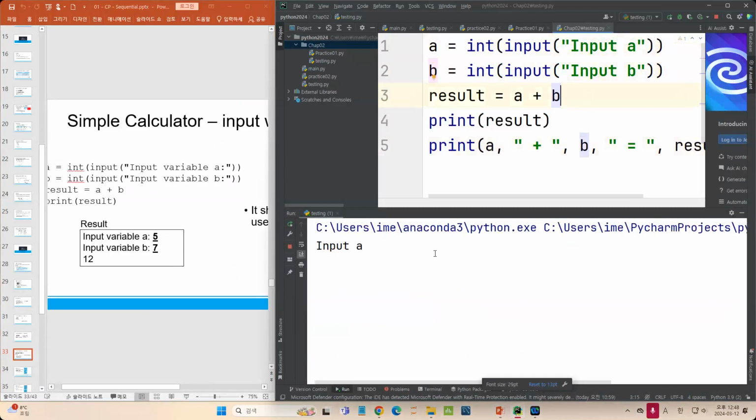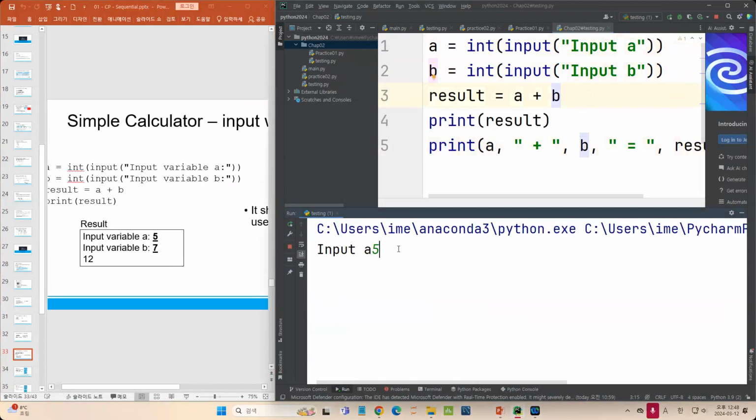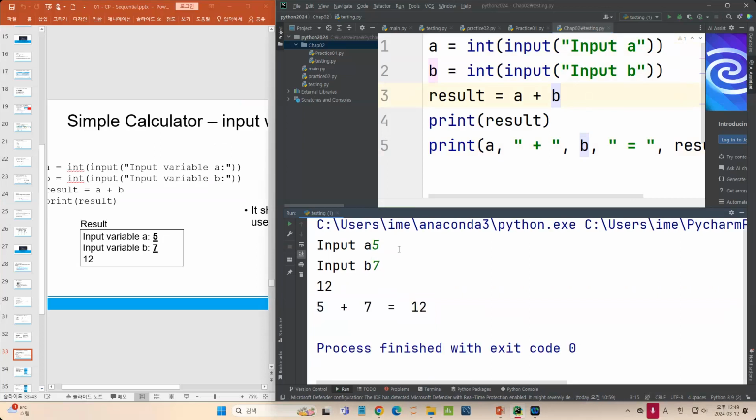Now you will see the word input A. It means ask the user to give any value, for example, 5. And then input B. Ask the user to input any value for B, which is 7, and you will get the result. So this is the meaning of prompt.